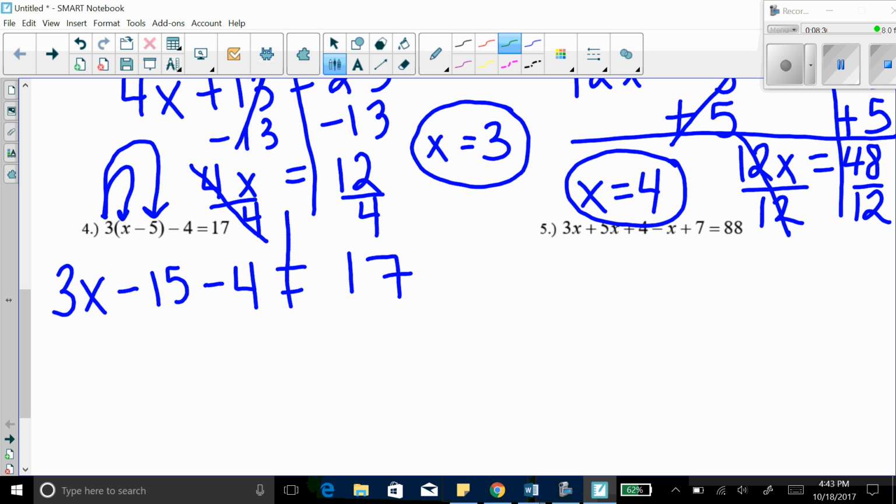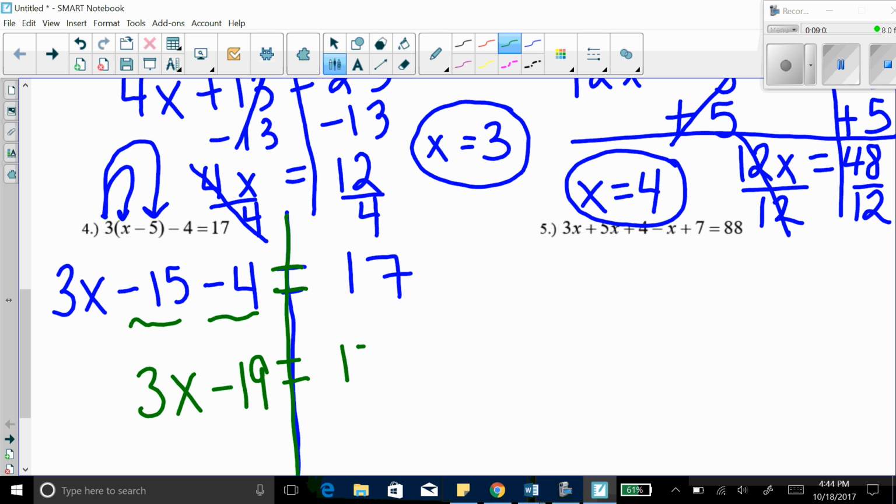I'm a very visual person, so I need to draw the line for myself to know that those are separated. So I look on each side of the equal sign. Well, the 17 has nothing to do. So over here, what can be combined? Negative 15 minus 4. So you have 3x, negative 15 minus 4 is negative 19.